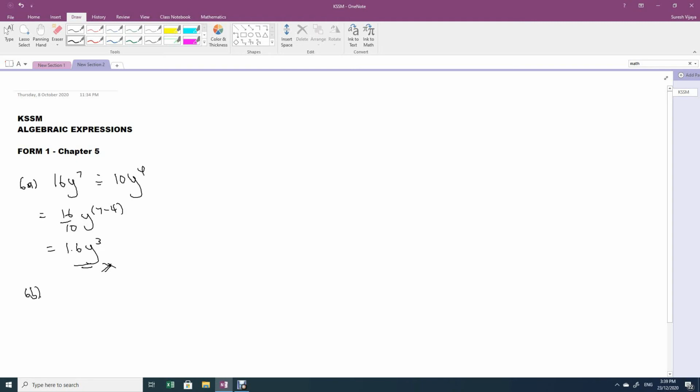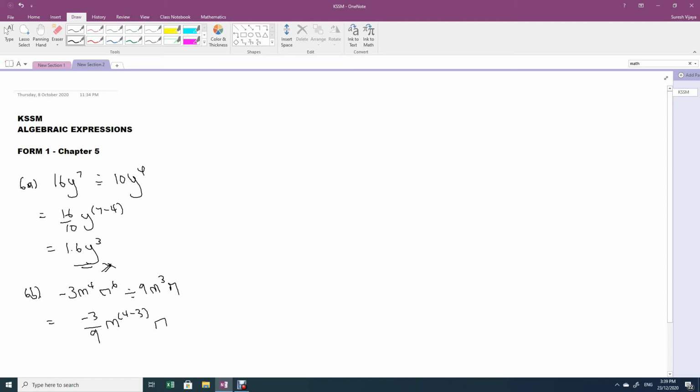Okay, so 6b will be negative 3m to the power of 4 n to the power of 6 divided by 9m to the power of 3 and n. Next we do the division of the numbers. We have 3 divided by 9, and for m, 4 minus 3.